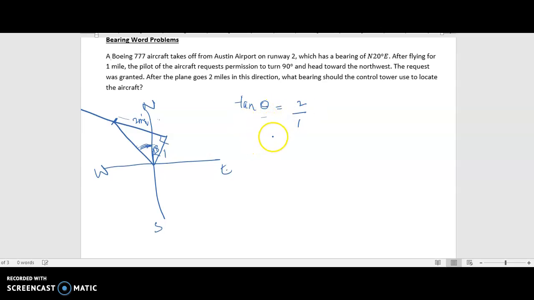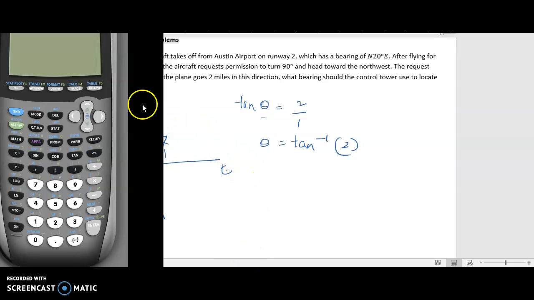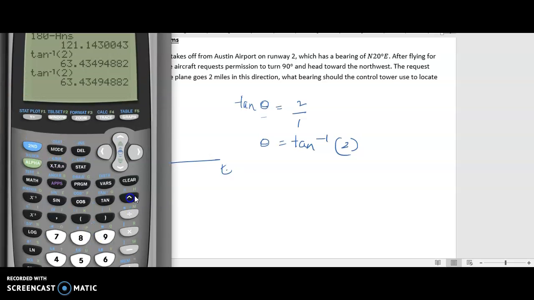So what is the angle theta? Theta is inverse tan of 2. Now you would just take your calculator and switch it on. We have inverse tan of 2, close the brackets, equals 63.4 degrees.